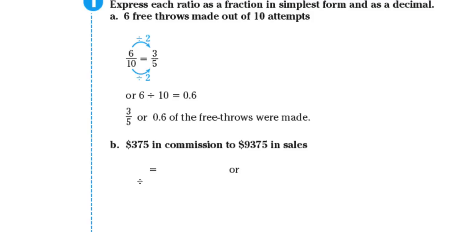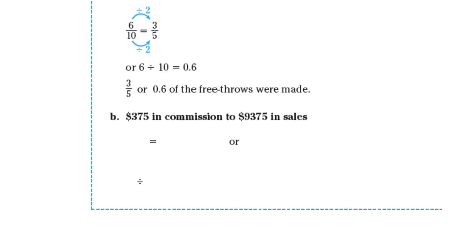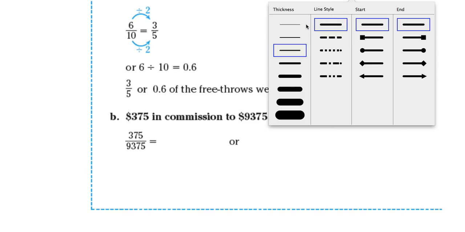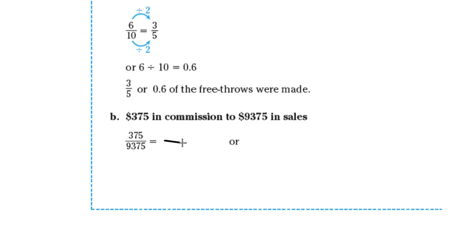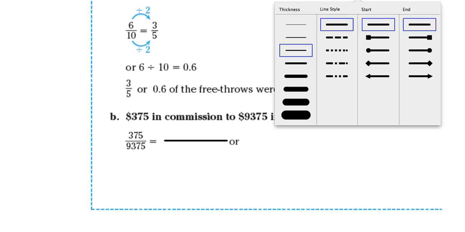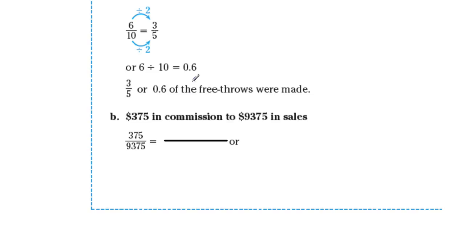Okay, and letter B, $375 in commission to $9,375 in sales. Again, this is our fraction, 375 over 9,375, and then we express this in simplest form, meaning we find the prime factorization of 375 and the prime factorization of 9,375.